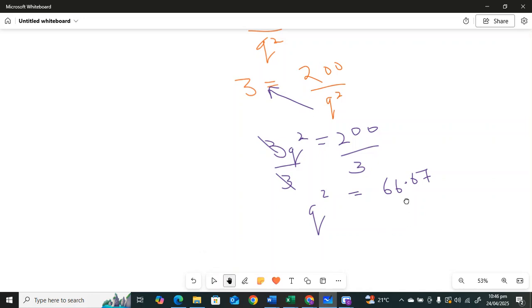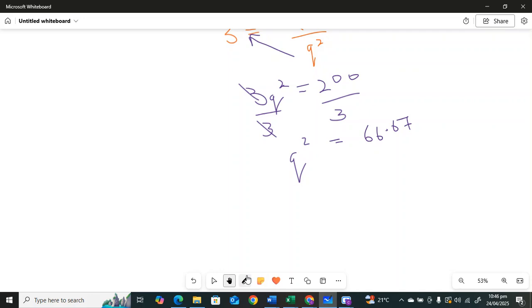Then we want to get the value of q, so we get the square roots of both sides. Square root of q squared is q. What is the square root of 66.67?